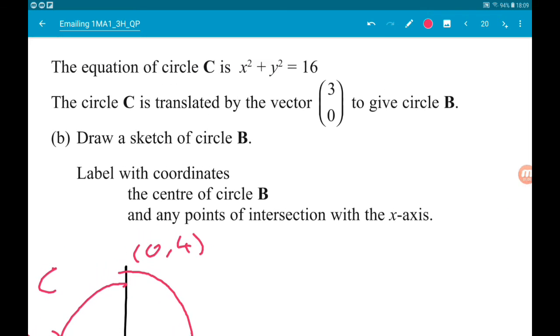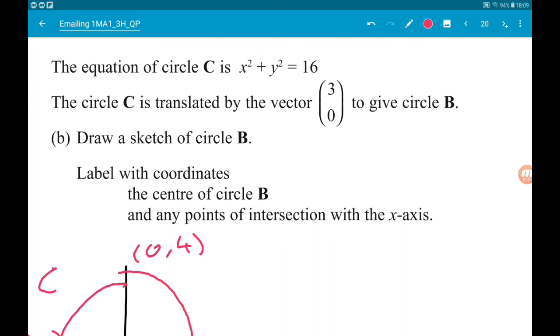Okay, we're then told circle C is translated by the vector 3, 0 to give circle B. So the vector 3, 0 moves us 3 places to the right, and that's it.